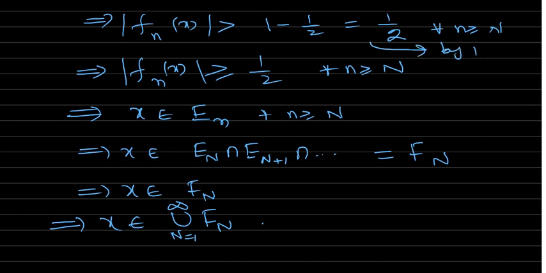Okay, it's by 1. The first line on this page, it's by 1. So therefore Q complement is a subset of this union. So therefore Q complement is a subset of union Fn, n runs from 1 to infinity.